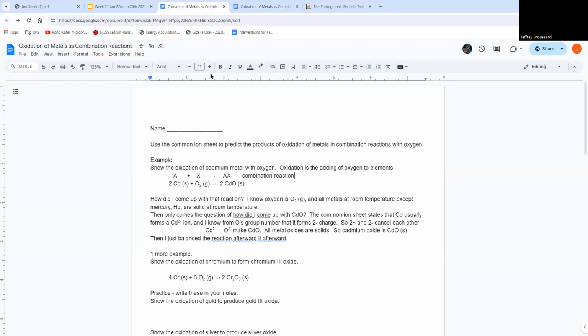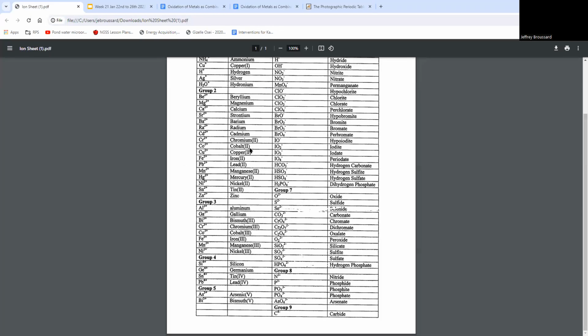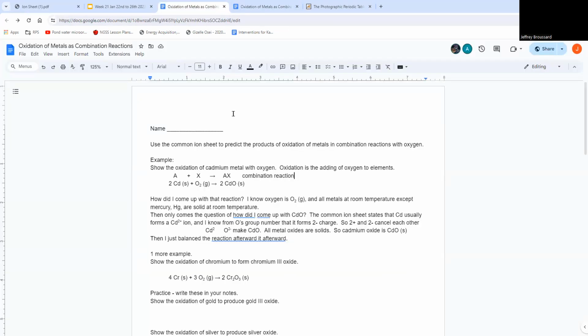The common ion sheet, this thing, has cadmium on here, right there. Cd2+ has cadmium. It forms the Cd2+ ion most commonly.